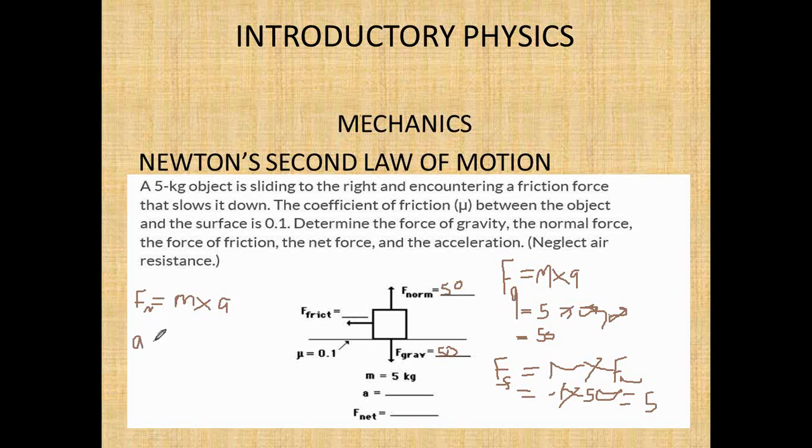We said that because the object is slowing down, the net force is the force of friction to the left, and the force of friction is 5, divided by the mass, and they told us that the mass is 5 kilograms. So our acceleration is 1 meter per second squared.